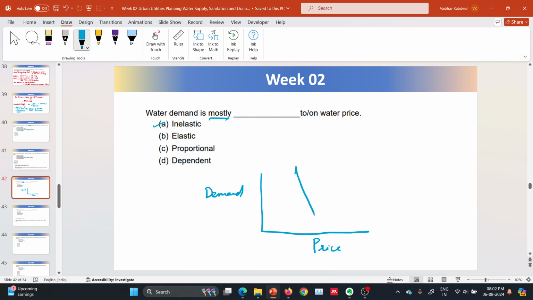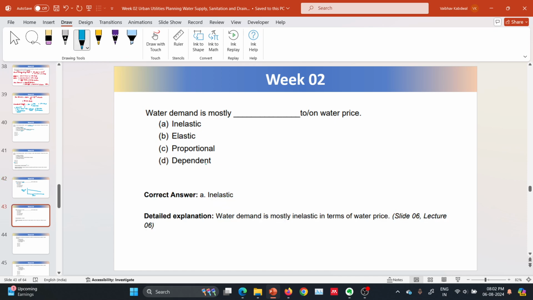So the graph will look like this. Even though the price is changing, the demand is not changing, so it will be a flat curve. So this demand is called inelastic demand. So water demand is mostly inelastic in terms of water price.